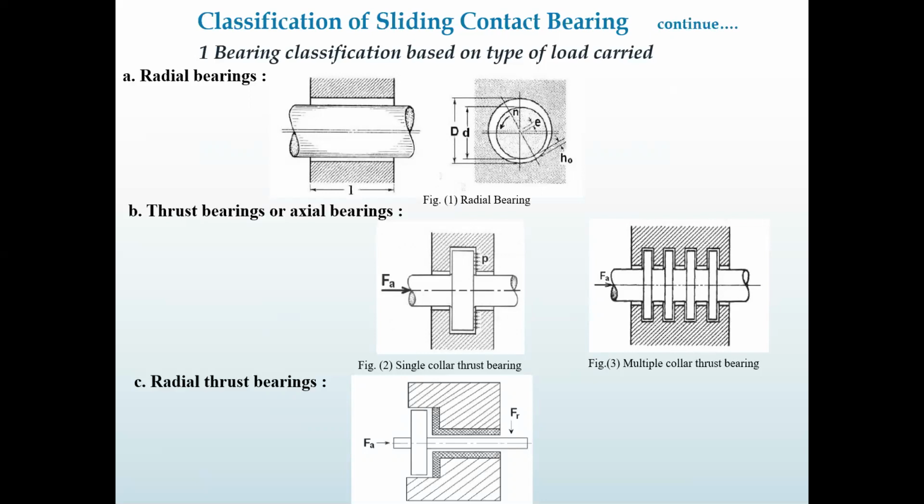Now in the second figure, figure number 2, we can see that the force applied is towards the axis, or parallel to the axis. So you can say this type of bearing is a thrust bearing. If you look at the picture, the whole load is applied in this region. In a radial bearing, the load is applied at the point where metal to metal contact occurs due to radial load or self load.